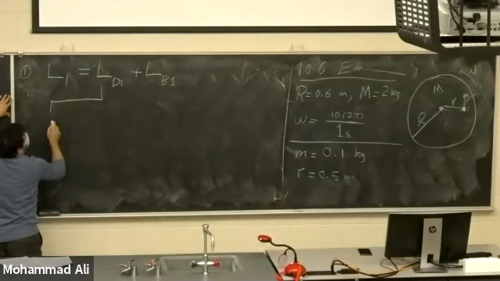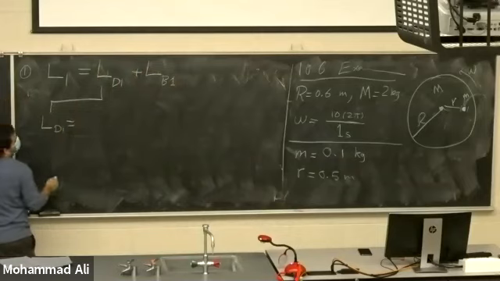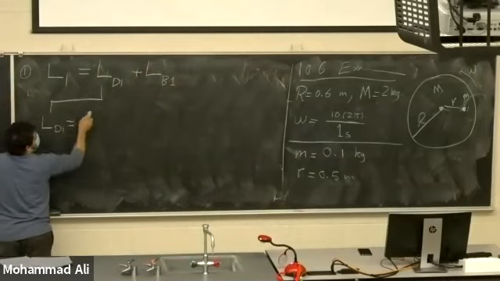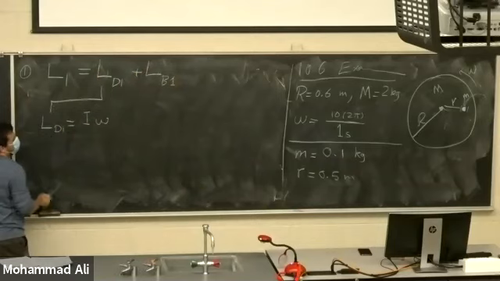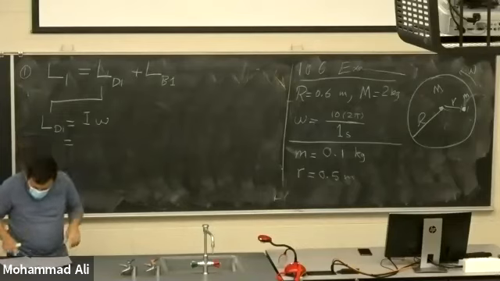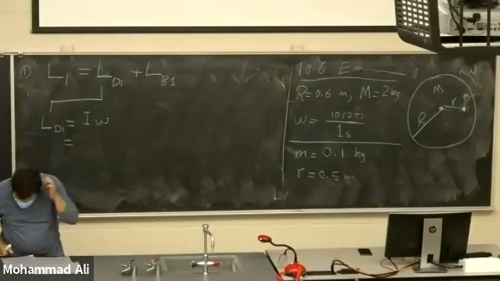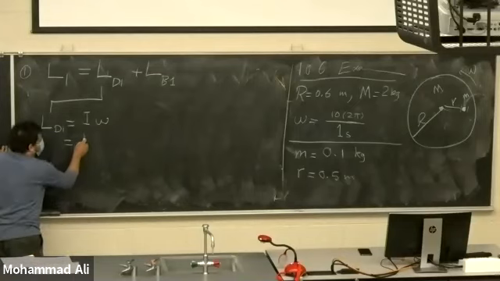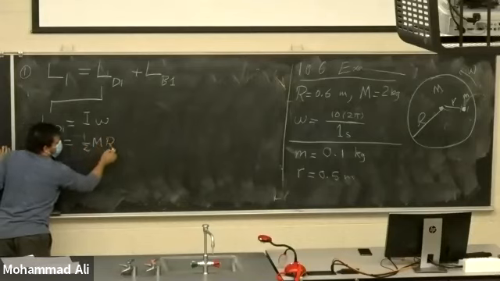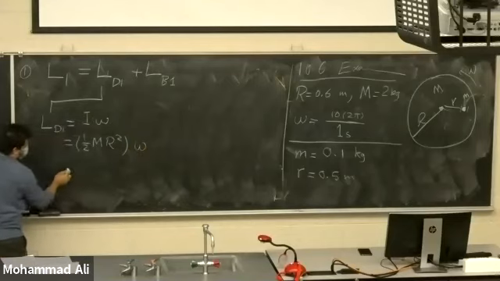Angular momentum for the disk initially is equal to I omega. I for a disk is half. Moment of inertia for a disk is half m r squared. Yes. It is half M for the disk, which is capital M, with R squared, multiplied by omega.